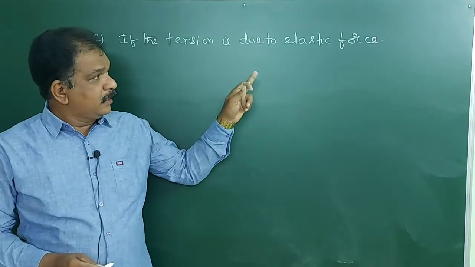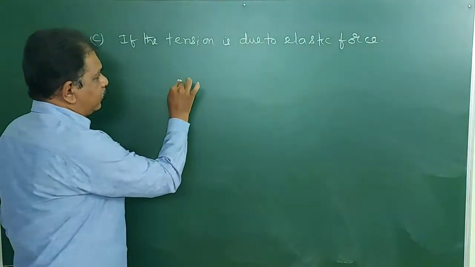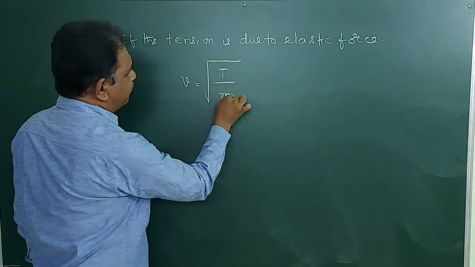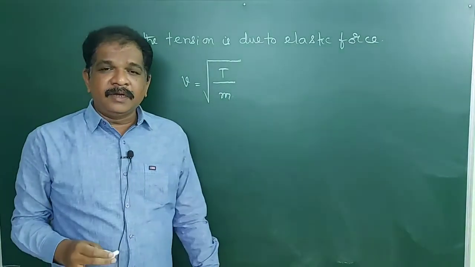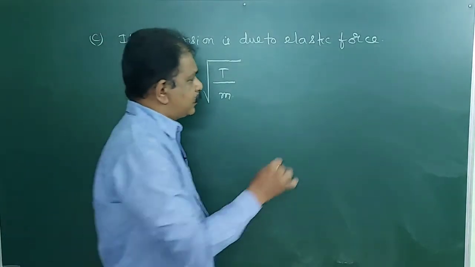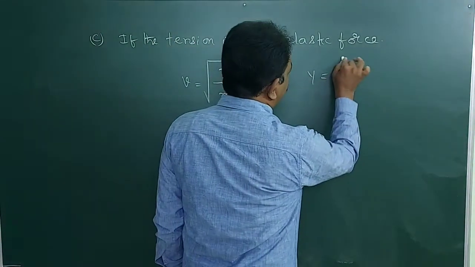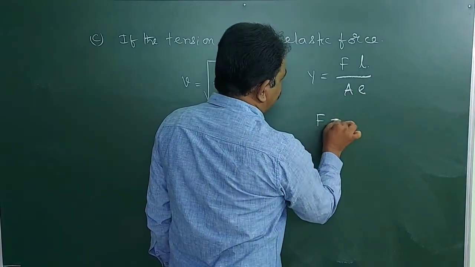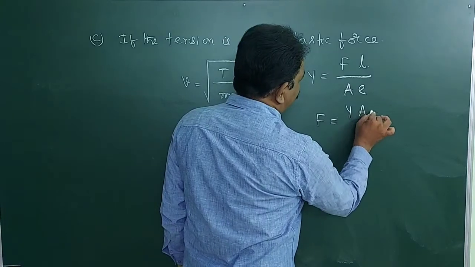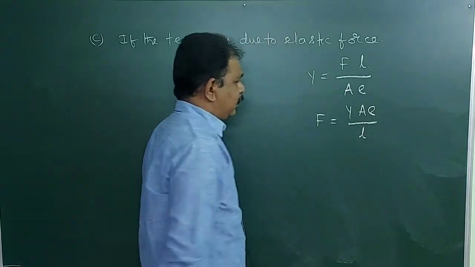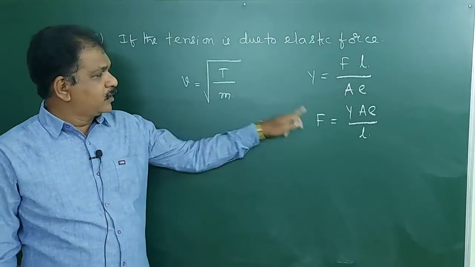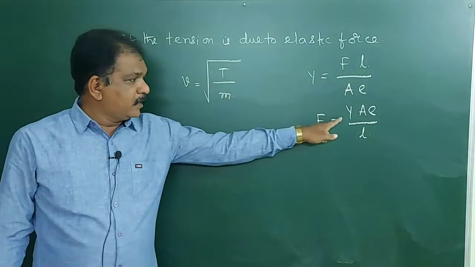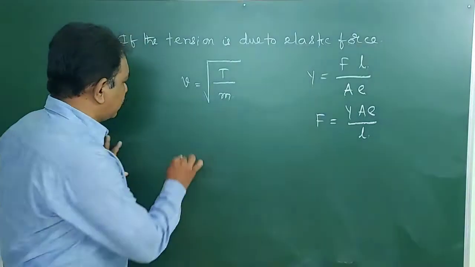If the tension is due to the elastic force, the basic formula is root of T by m. Try to remember from mechanical properties of solids: Y is equal to FL by Ae, so F is equal to YAe by L. This elastic force will create the tension here. So in the T place we have to substitute this.